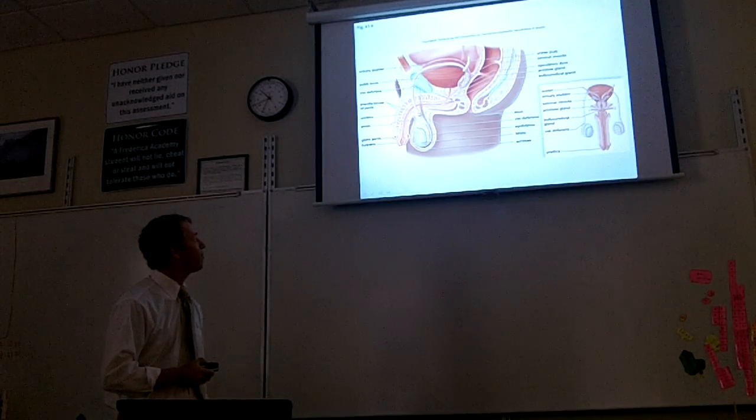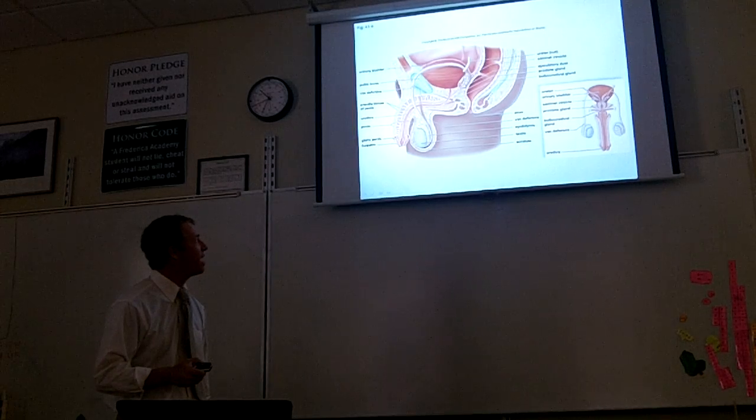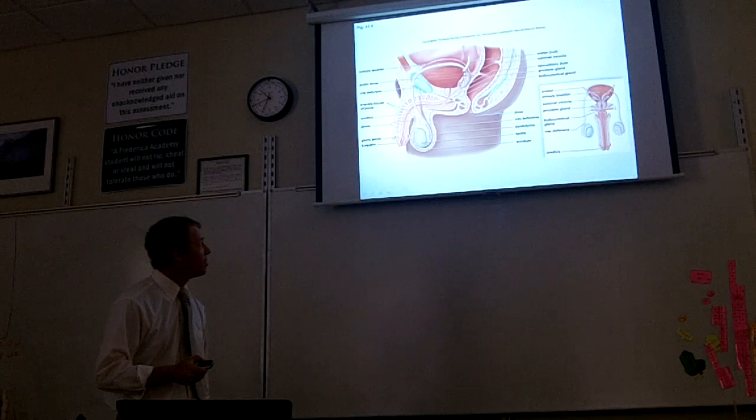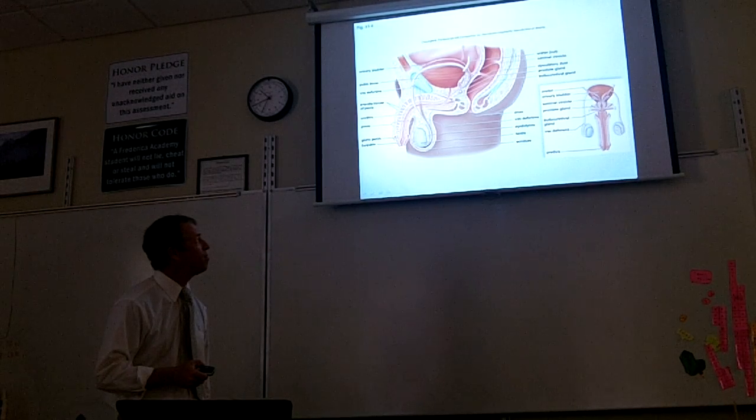Anyway, the sperm keep going, and they curl around like this, and the sperm get to right about here, and there's a gland right here called the seminal vesicle that squirts out a sugary fluid that the sperm use for energy.